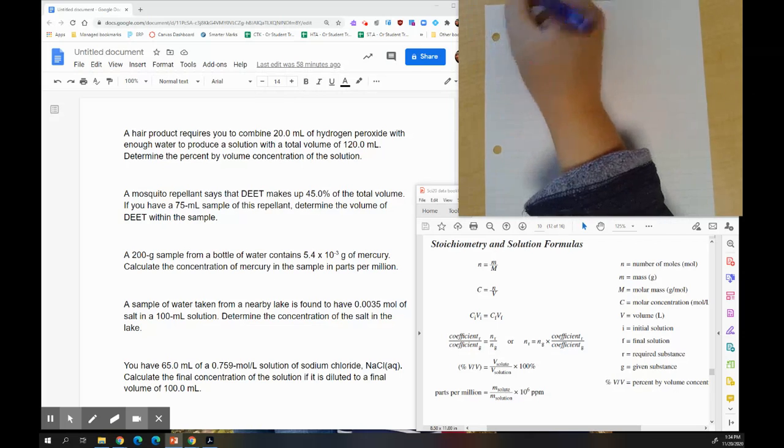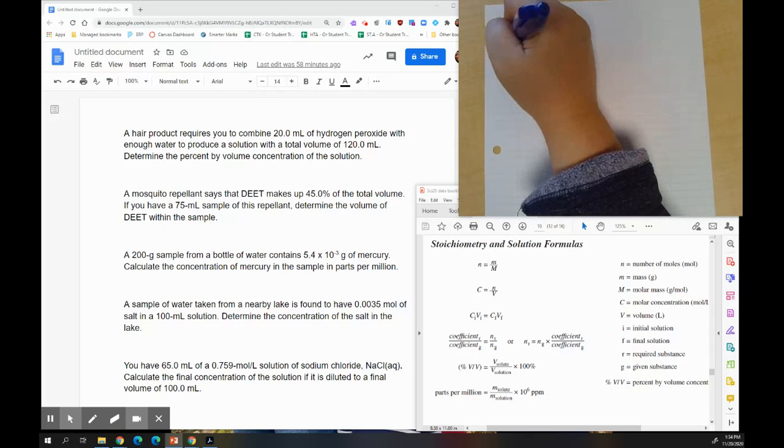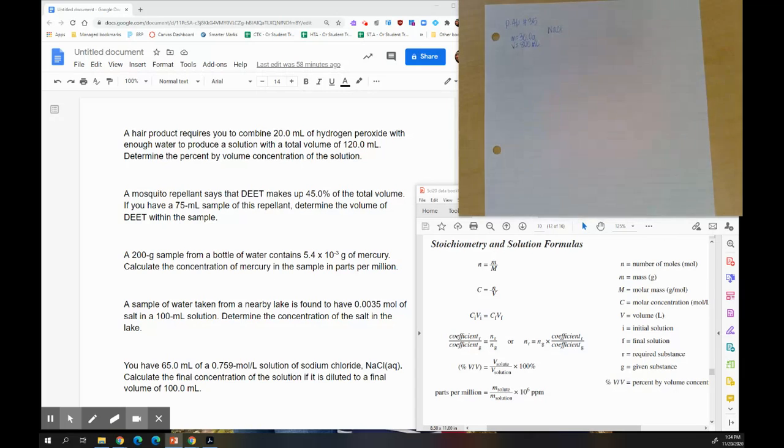Again, they've given us the mass. They've given us the final volume of the solution. And for part A, they've asked us to figure out the number of moles, because ultimately we're going to want to calculate the concentration.